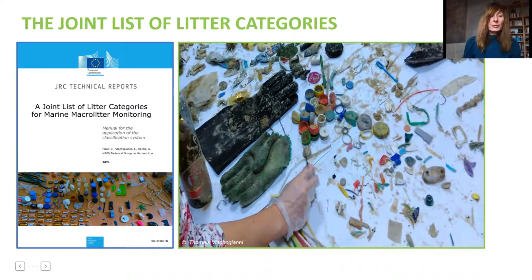Coming back now to the guidance document on marine litter monitoring, in 2021, the technical group worked in order to further define the classification list for litter items, and this led to the publication of a joint list of litter categories for marine macro litter monitoring.